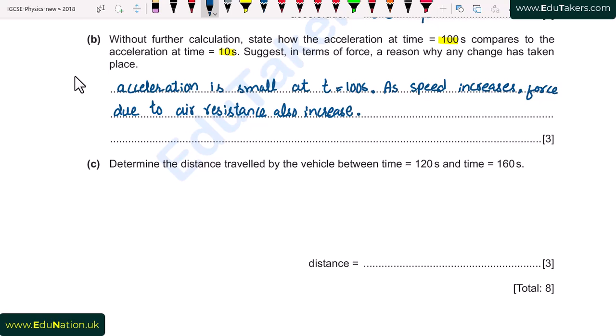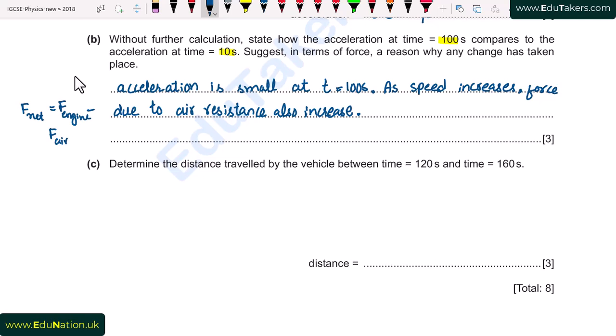So the total net resultant force decreases, because I write here total resultant force is equal to the force due to the engine minus the force due to air resistance.